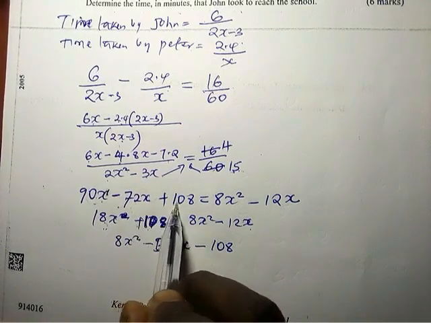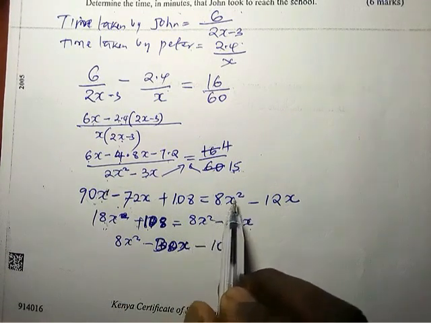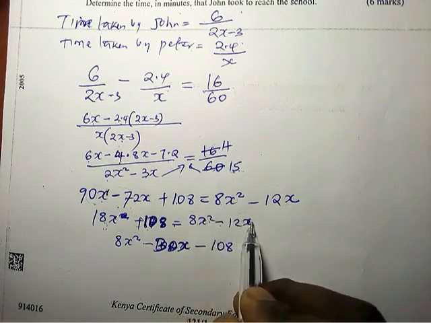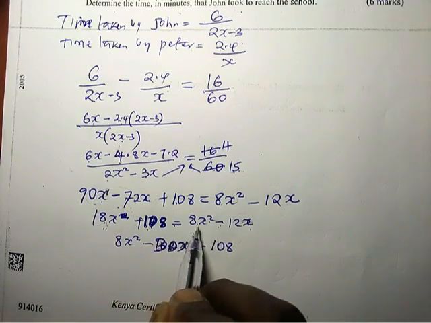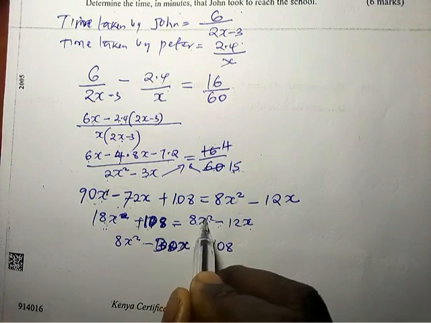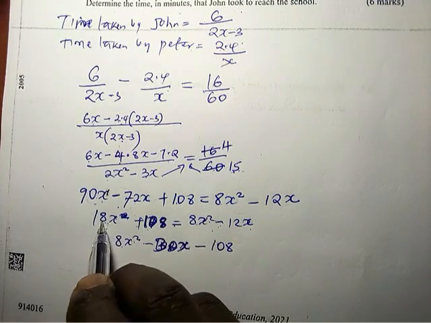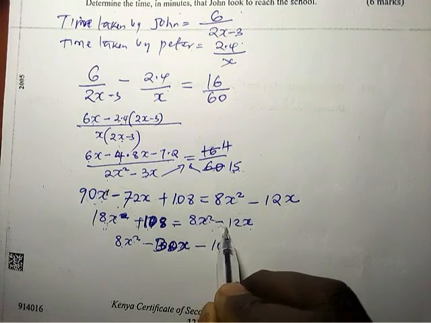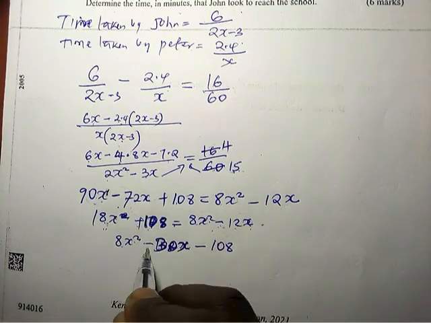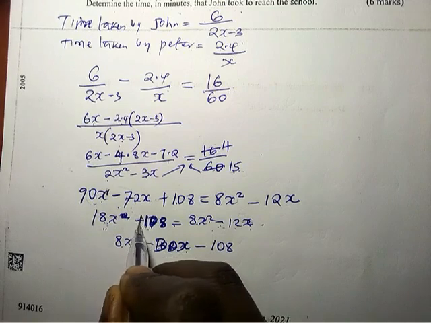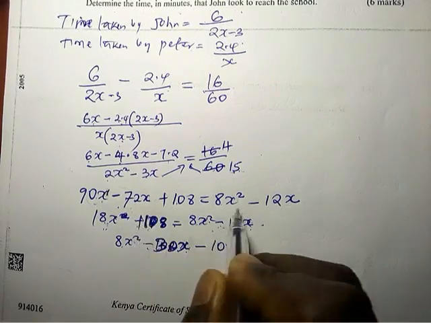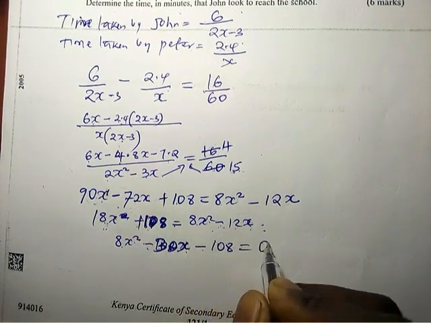Plus 108 is equal to 8x squared minus 12x. Sasa tuka like terms together, so nikaanza na hii 8x squared, hii ikikuja pande hii itakuwa 18x minus 12x minus 18x itakuwa negative 30x. 108 iko positive hapa, ikifuka hii side itakuwa minus, is equal to 0.